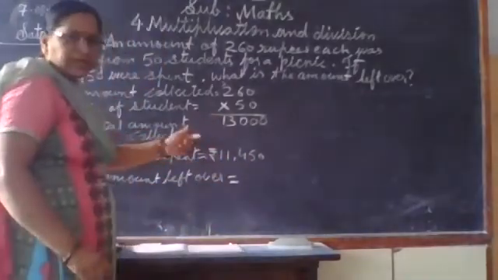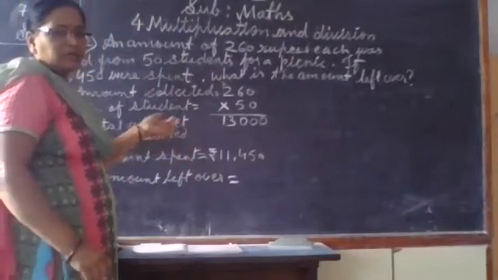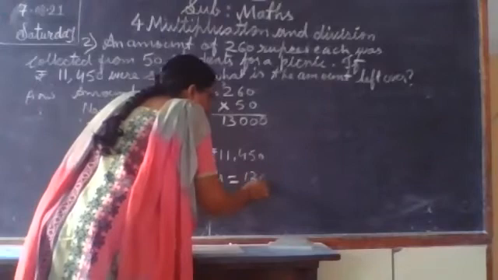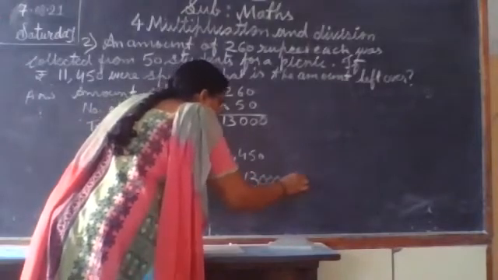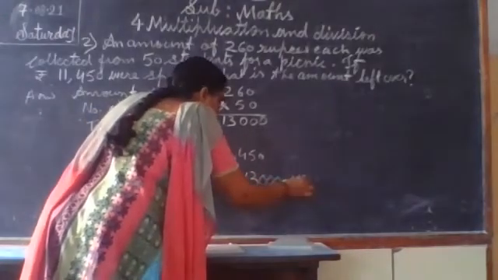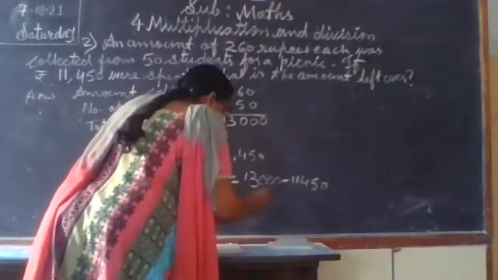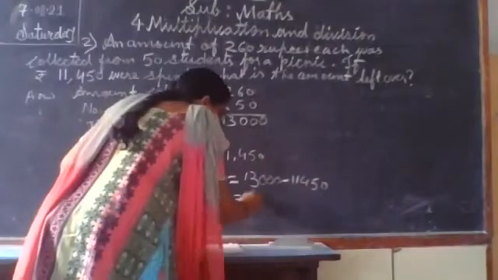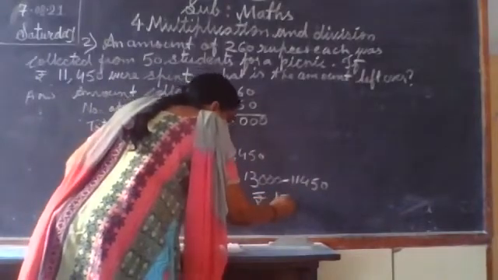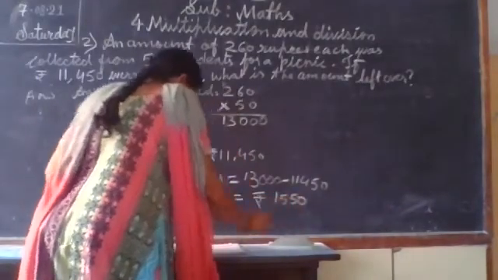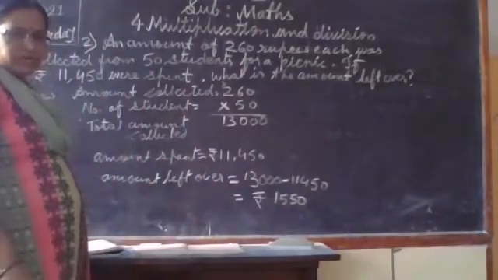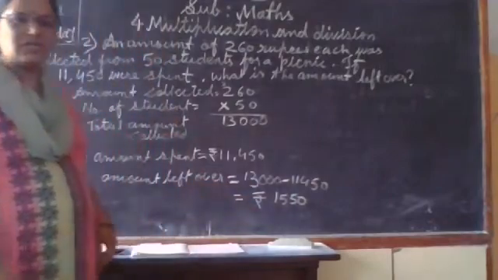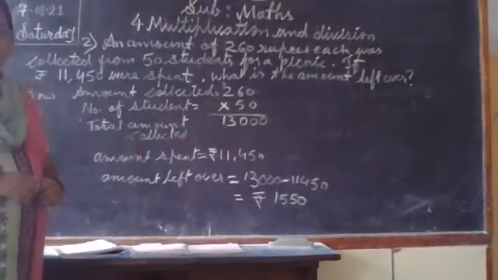If you subtract them, you will get how much amount is left. So 13,000 minus 11,450. And what is the answer? Rupees 1,550. So this much amount was left over. Got it?